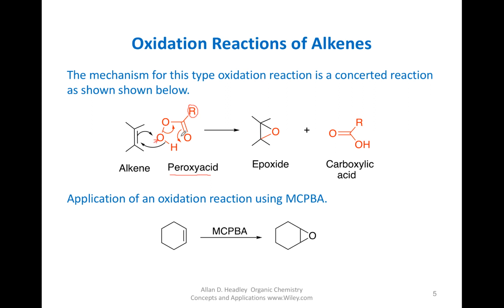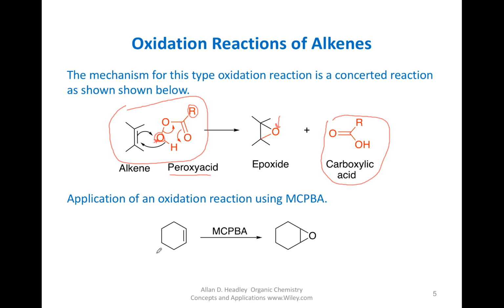And as you can see with this electron movement, this oxygen is now incorporated into the carbon-carbon double bond. The other product, as you can imagine, is your carboxylic acid. So this is essentially the mechanism, a one-step mechanism. We call it a concerted mechanism because it occurs in one step. All the electrons move in one step.